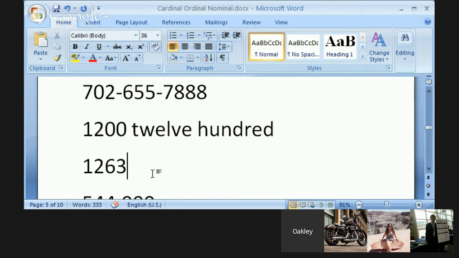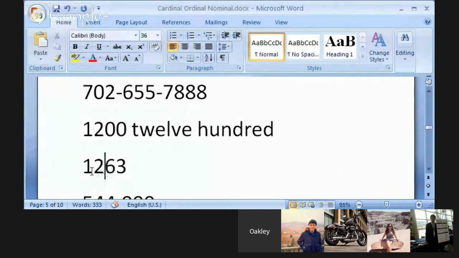Yes. If it's a date, how would you say it? If it's a year. Okay. Twelve sixty-three. Yeah, then you're definitely going to, when we give years as dates, we definitely break it up in the middle. All right. 1,263 is possible, or twelve sixty-three.